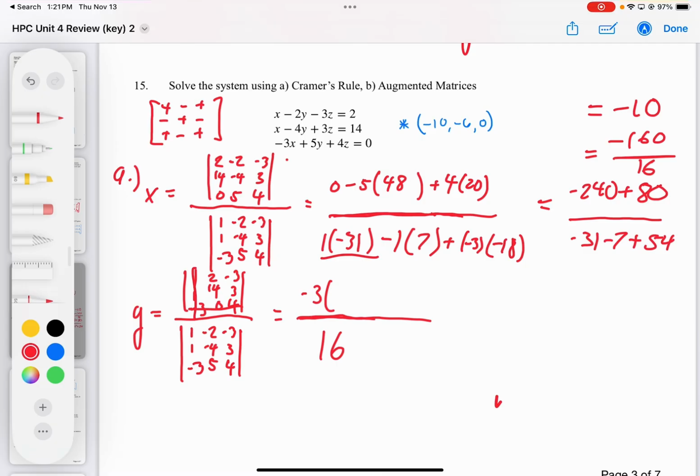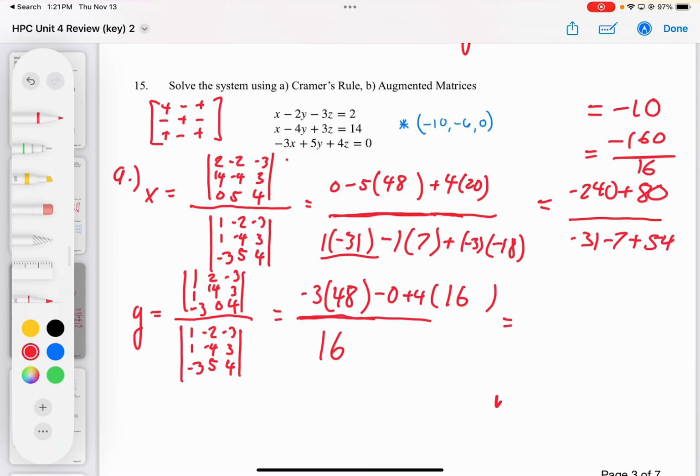So then 6 plus 3 times 14. Did I do that already? 42. So then is it 6 plus 42, so 48? All right. And then minus 0. I don't have to do anything there, so just minus 0. And then I'm going to do plus 4 times our final determinant, which is going to be 14 plus 2, which is 16.